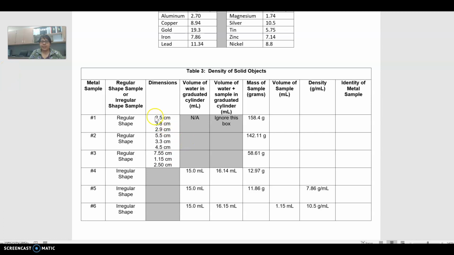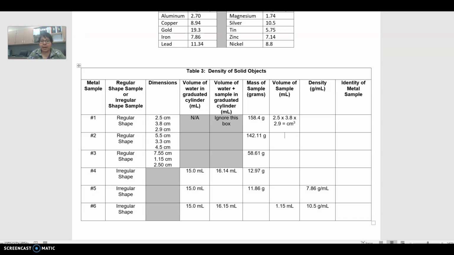So for this data table where I have the dimensions listed here, I'm measuring the height, the width, and the depth of something that has a regular shape. Probably something that's very similar to the box that I was showing earlier. So if I wanted to calculate the volume of something whose shape I know, all I have to do is multiply those three dimensions, and I'll get my answer actually in centimeters cubed, because it's going to be centimeters times centimeters times centimeters.